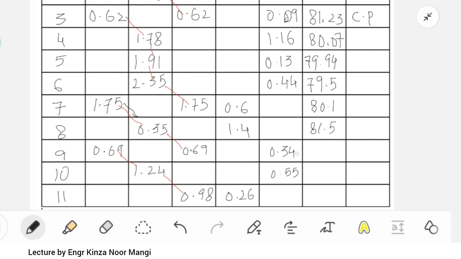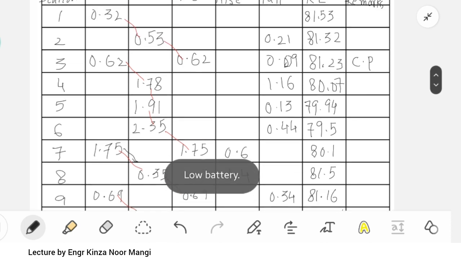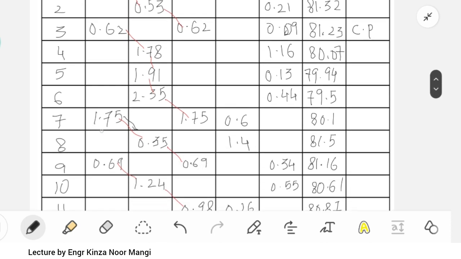Then subtract 0.34, we will get 81.16. Subtract 0.55, 80.61. Okay, and then, not subtracting this time, adding, because again it is in the rise column, 0.26, we will add it, then we will get 80.87.